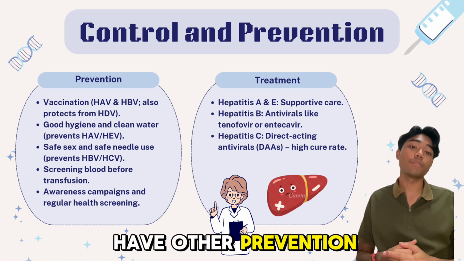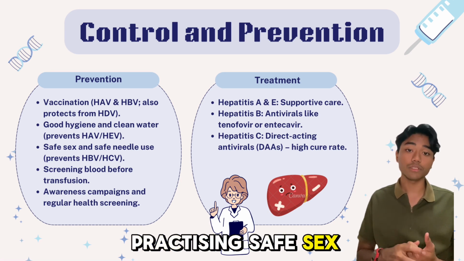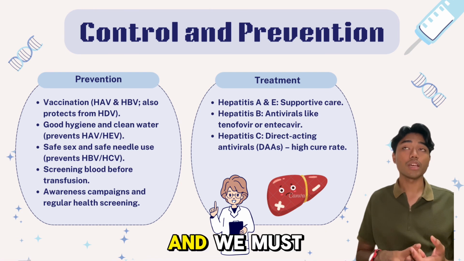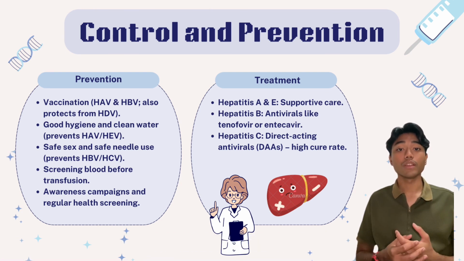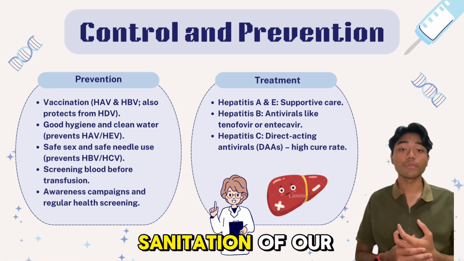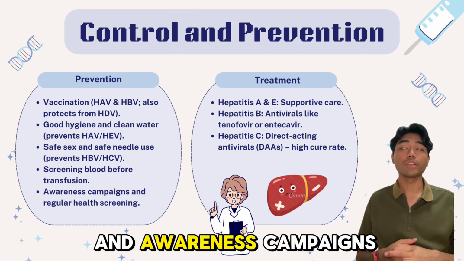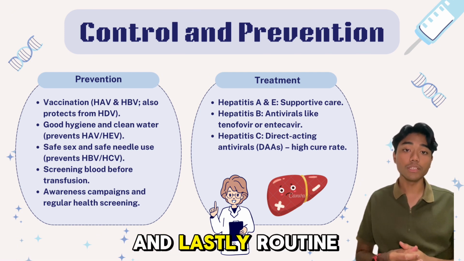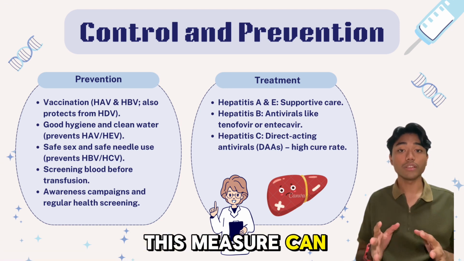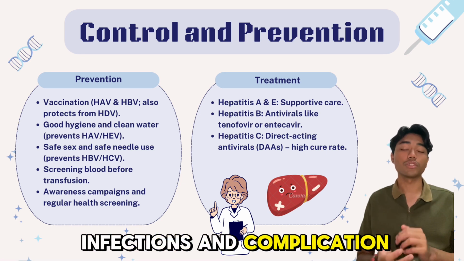We also have other prevention methods: we need to practice safe sex, avoid needle sharing, always screen all donated blood, ensure clean water and proper sanitation of our hands and body, run public education and awareness campaigns, and lastly, routine screening for high-risk groups. These measures can significantly reduce both infections and complications.